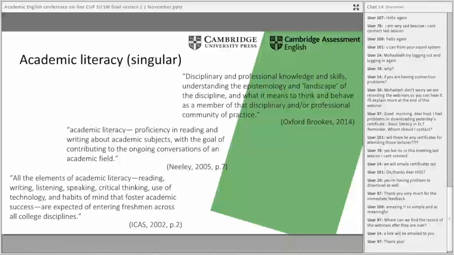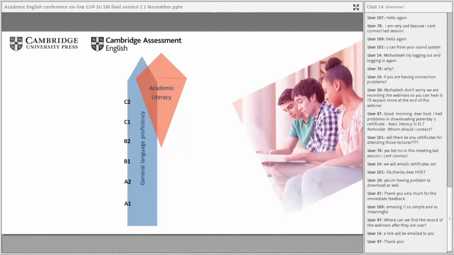So students need support in general language proficiency and in academic literacy. And I think also the appropriate balance between these two will change as they progress through their university life.